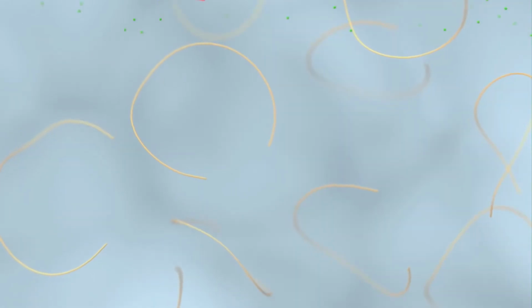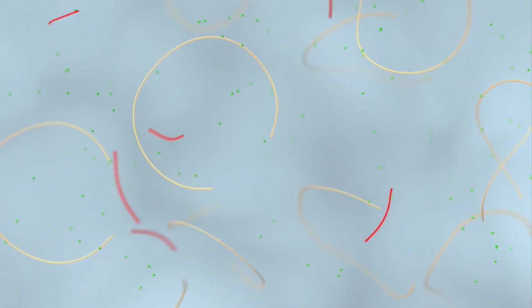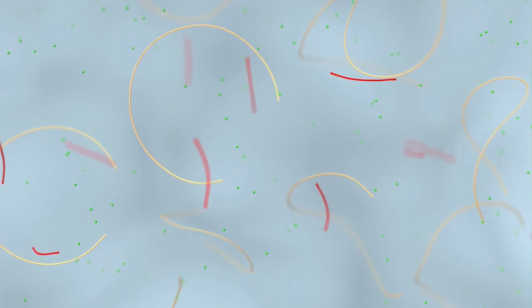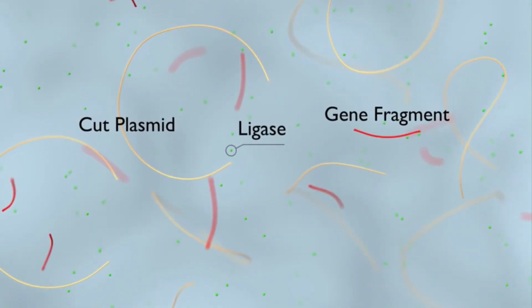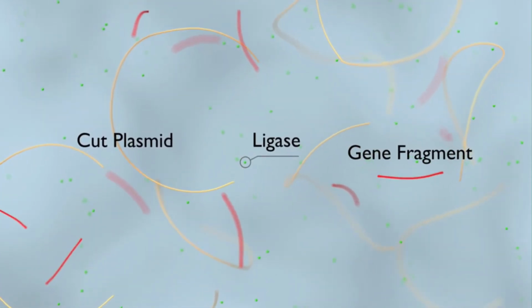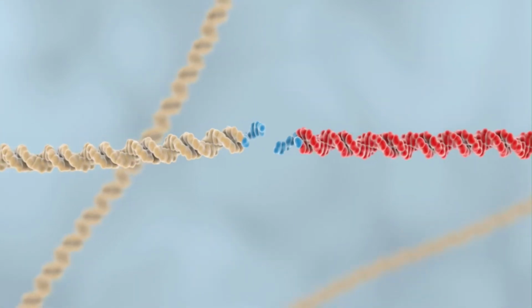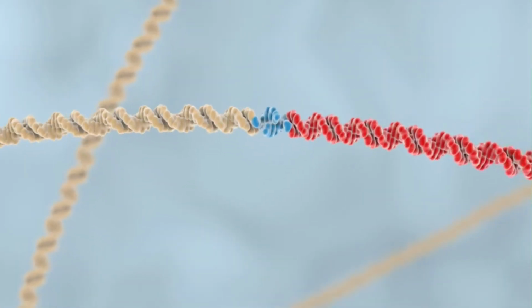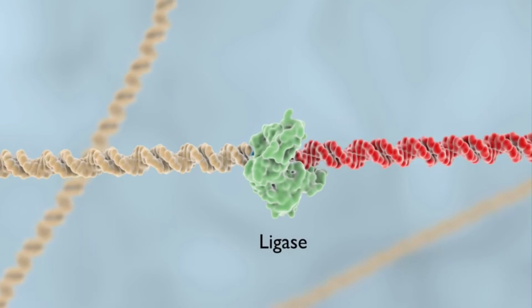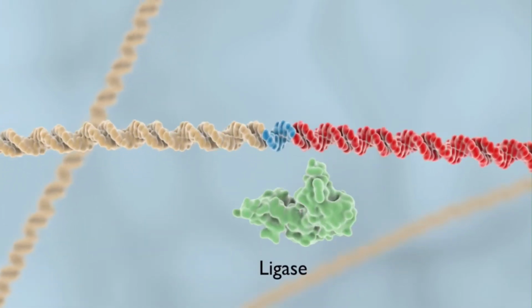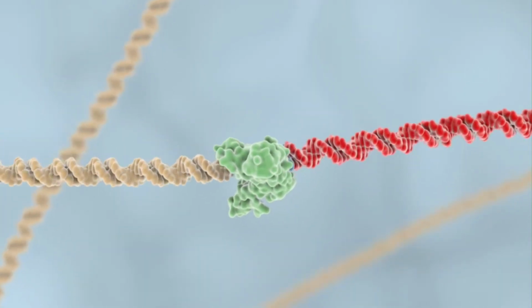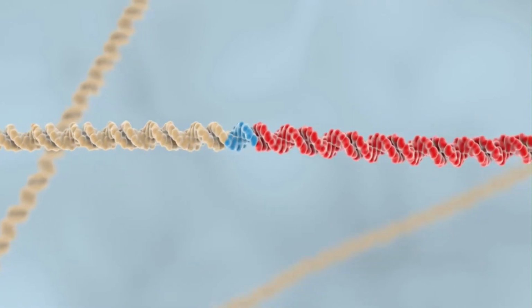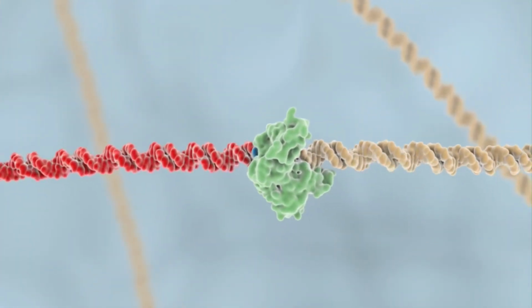In a follow-up reaction, gene fragments, cut plasmids, and an enzyme that connects DNA fragments are mixed together. This so-called ligase enzyme attaches the sticky ends in the solution to produce circular plasmids that now carry the gene that codes for the desired protein.